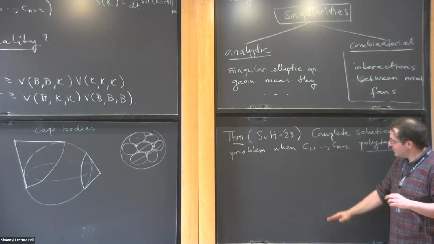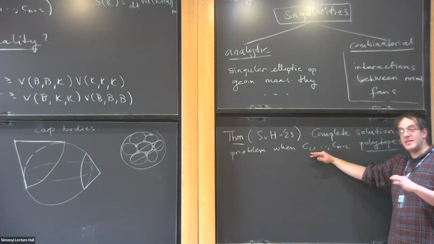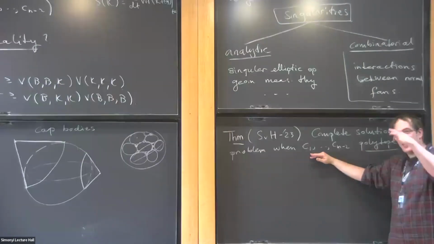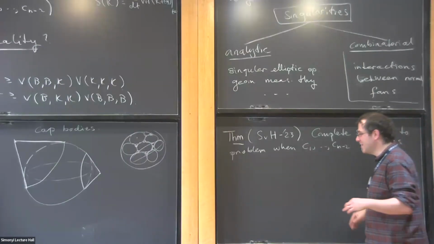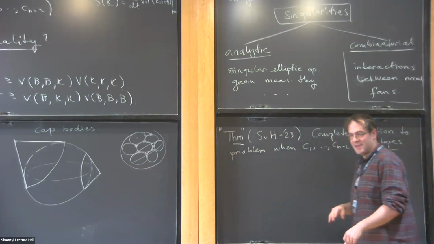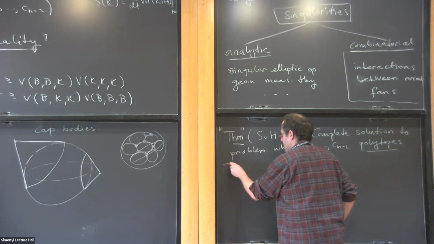So I left myself nice room on this board to write the statement of the theorem. But remember, the conjecture of Burago and Zalgaller that there are many equality cases is in fact true. And it took us maybe 10 pages in the paper to explain all of the different equality cases. So let me just hand wave what the phenomena are.